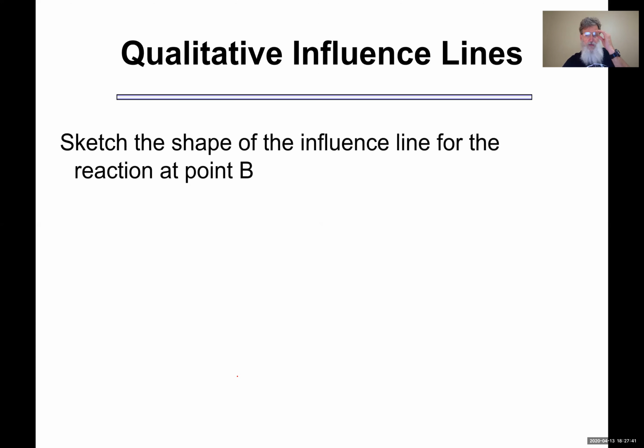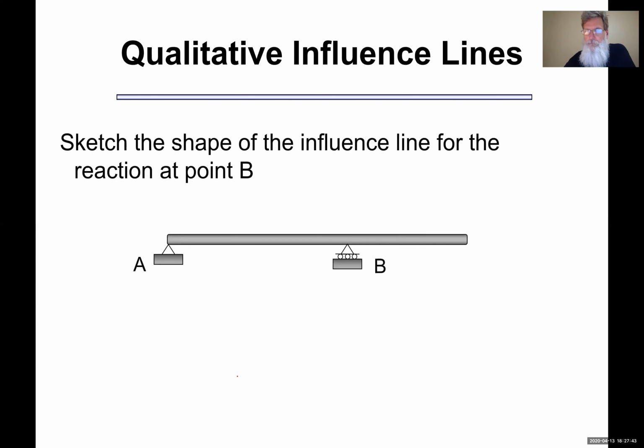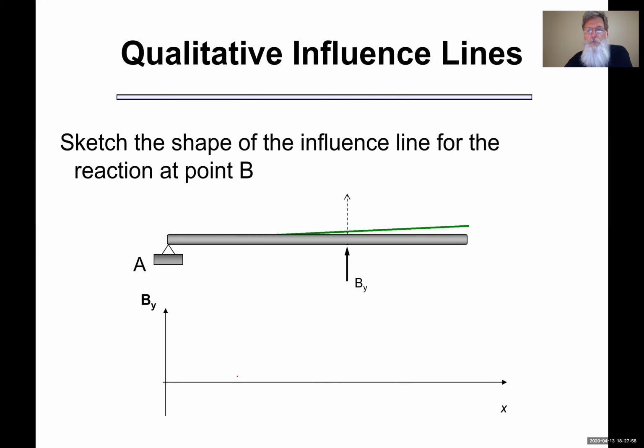Let's talk about a reaction at B when maybe B is internal. Well, the process is the same. I'm still going to remove my B support, apply By, and how will B move? Up or down? It's going to move up. So therefore, my beam will rotate into this position, and I'll have my influence line looking something like this.